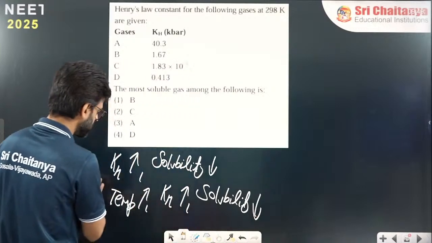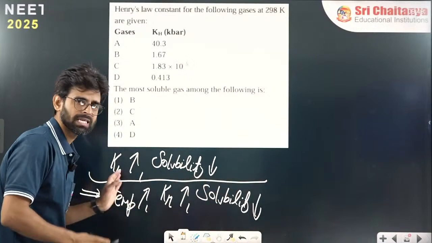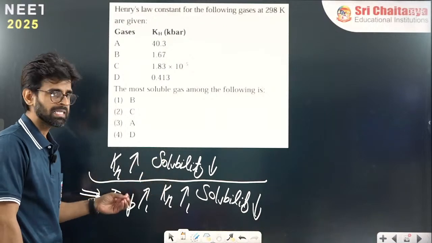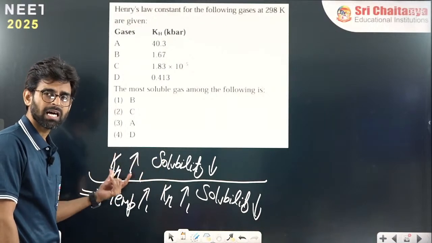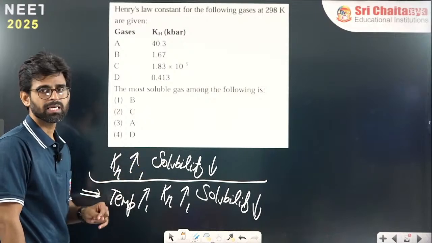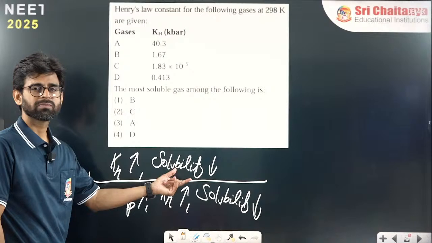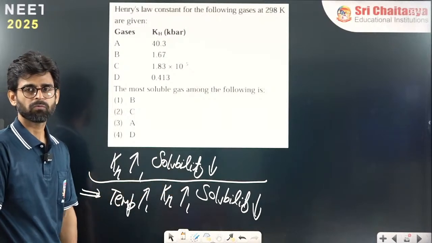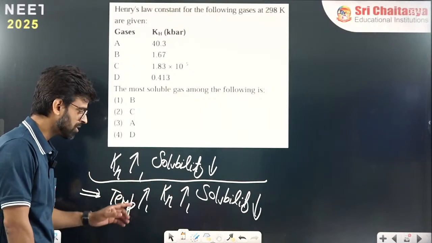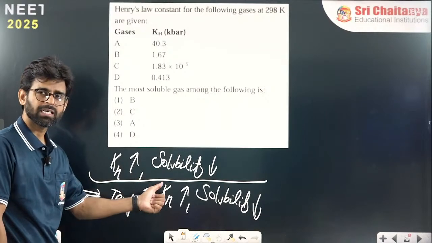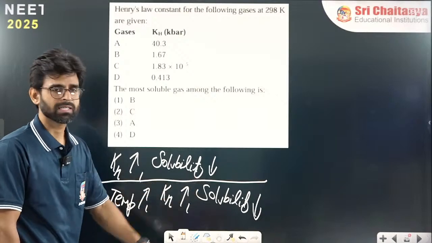Here I am talking about if I am comparing 2-3 gases. 2-3 gases are given at same temperature and they gave their Kh values. The gas with higher Kh value will have lower solubility. Like helium gas has the highest value of Kh, so lowest value of what you can say? Solubility. Fine. Whereas if we talk about same gas but at different temperature, so higher the temperature, higher the Kh, lower the what?